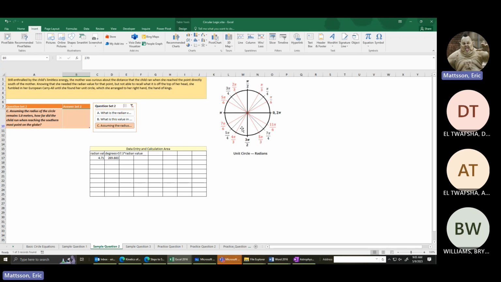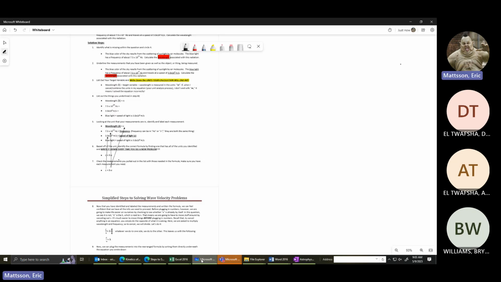So we can draw a picture of this circle just for kicks and giggles, just to get a visual. So this is what the child is doing. The child started at this point and ran in a circle in this direction till they reached this point.